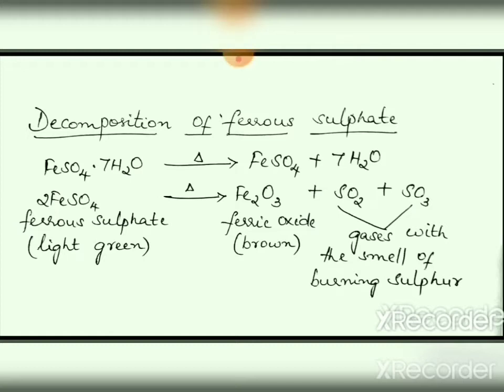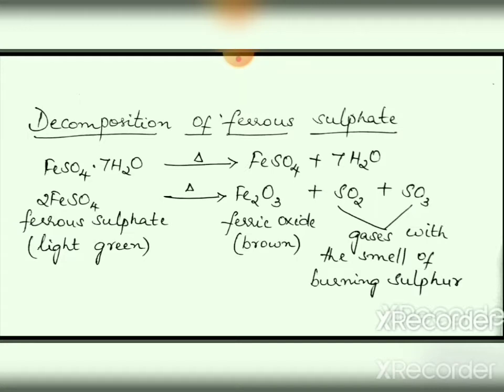Ferrous sulfate, when heated initially, loses its 7 molecules of water of crystallization. So we may write the equation as FeSO4.7H2O gives FeSO4 plus 7H2O, which shows that the 7 molecules of water of crystallization initially present with the crystals will be lost or will escape from the crystals as water.